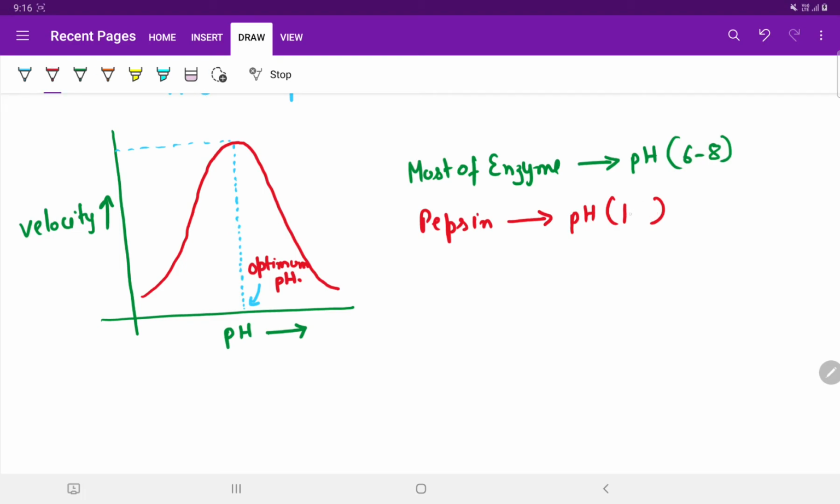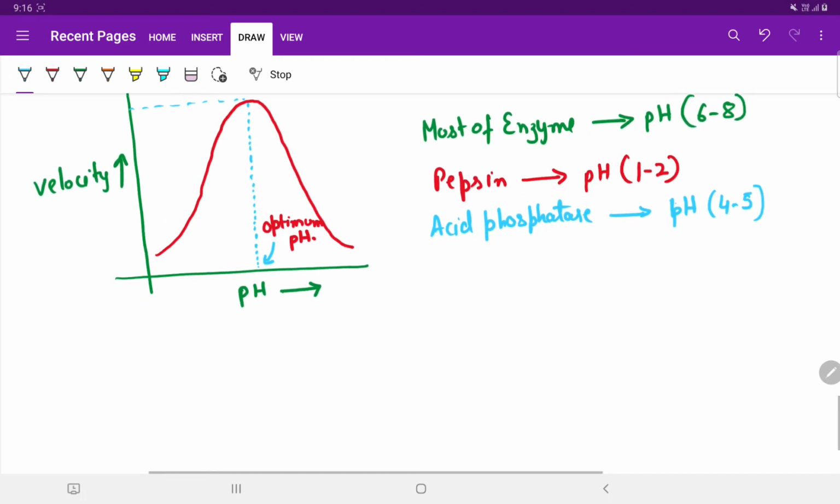whereas many phosphatase enzymes such as acid phosphatase work around pH values of 4 to 5, and there are also alkaline phosphatases, which have an alkaline pH in our body.